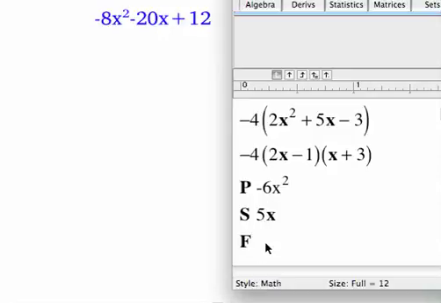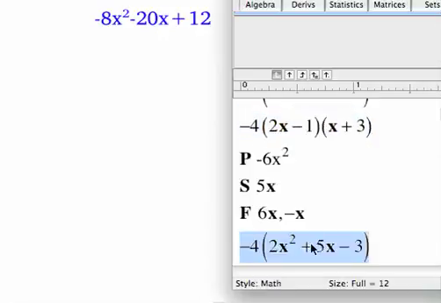So let me replace that with 6x and negative 1x, or negative x. Now I'm going to rewrite this, instead of with the 5x, with the 6x and the negative x, and then group to factor.